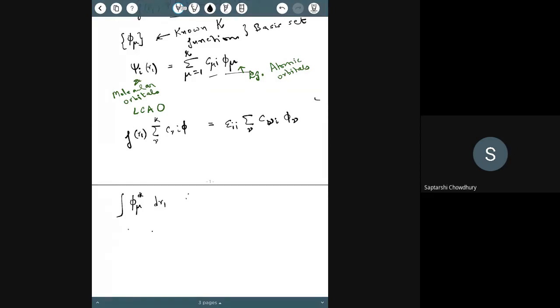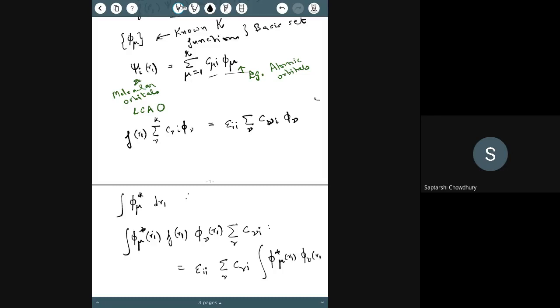Then I get the integral of phi mu star r1 f r1 phi nu r1, sum over nu c nu I is equal to epsilon I, dr1.